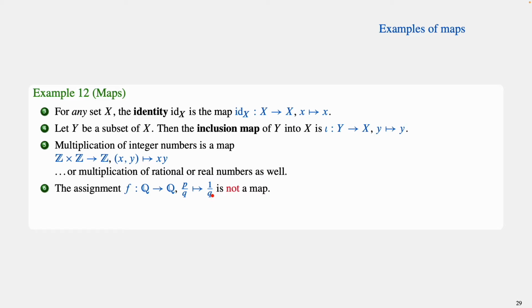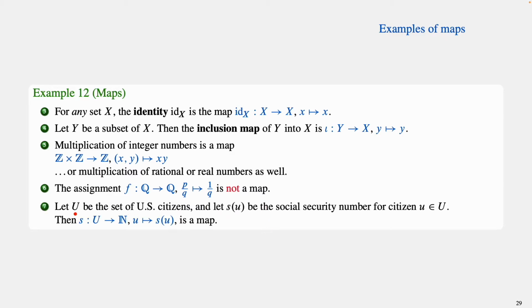But this is not a map, and I'll leave it to you to figure out why that is. You can write it in the comments if you like. But this is a problematic assignment, and you will find that we cannot define a map in this way, even though just formally it looks like one.